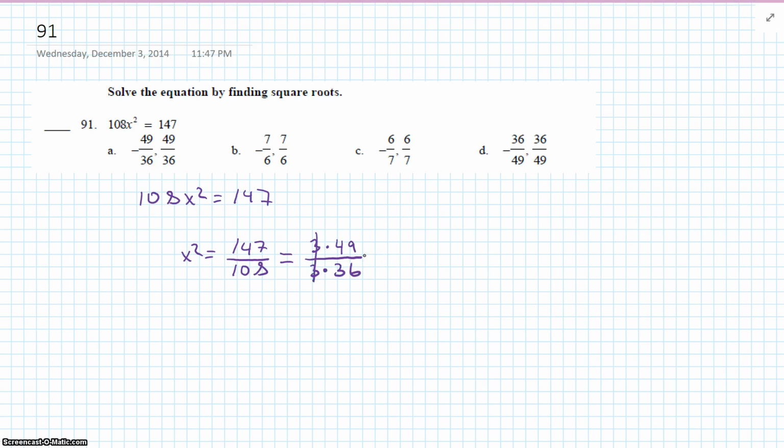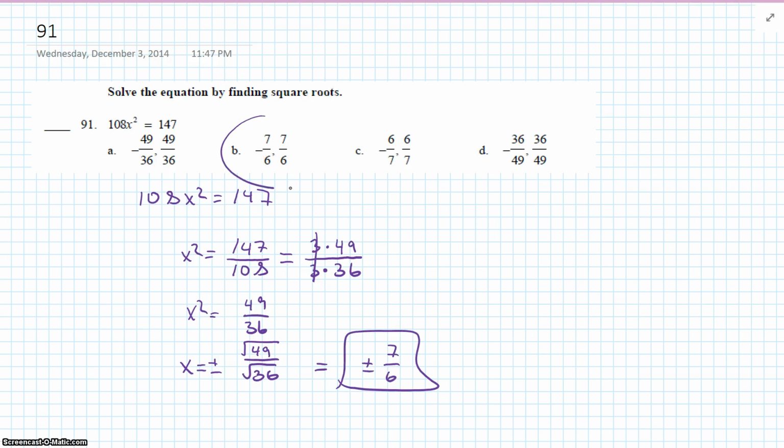So we could cancel the 3's, so we could rewrite as x squared equals 49 over 36. We're going to square root each side. So x is going to equal plus or minus the square root of 49 over the square root of 36, which is going to be plus or minus 7 over 6. So my answer is going to be B.